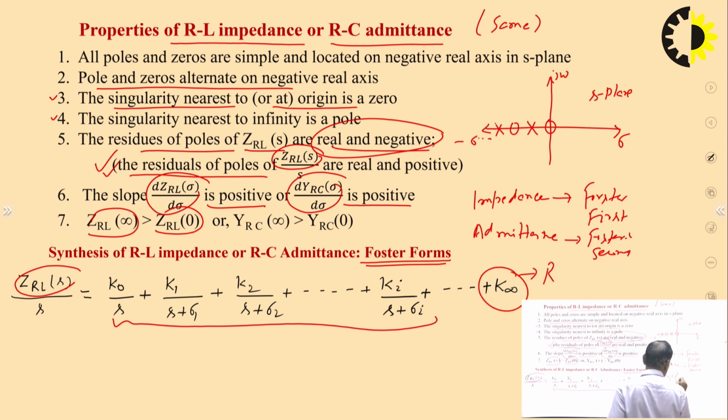It means if the degree of the numerator and denominator polynomials are same, to carry out the partial fraction expansion, the function must be rational. So to make the function rational, we just divide the numerator polynomial by denominator polynomial, and we get this k infinity, which is removal of constant.